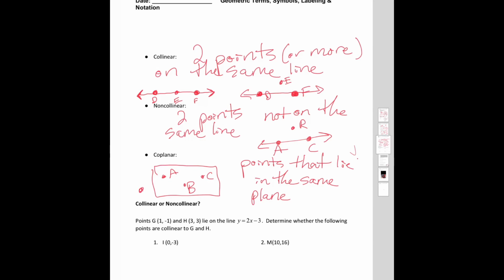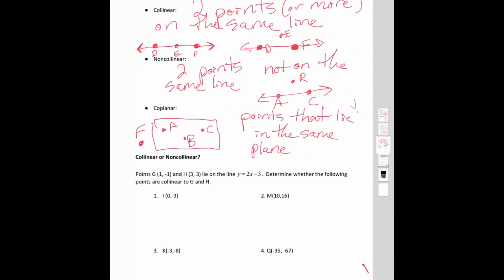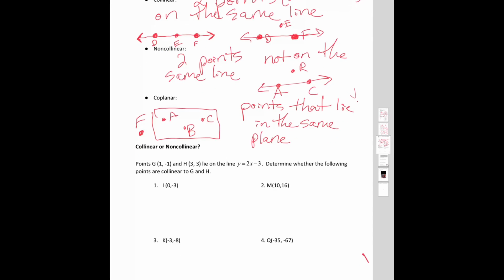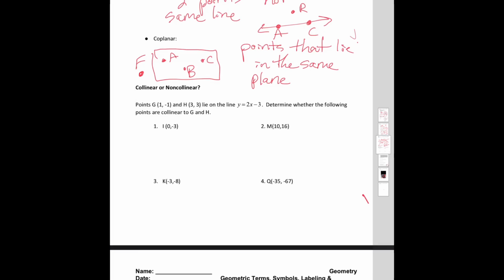If I had a point outside the plane, point F, that would not be coplanar. So points A, B, and C would be coplanar. F would not be. It's not on that plane. So pretty simple and straightforward. Just remember, collinear and coplanar mean same. Non-collinear means there's something that strays off.